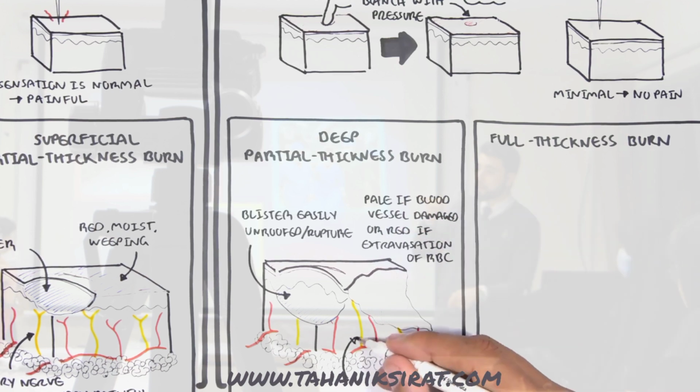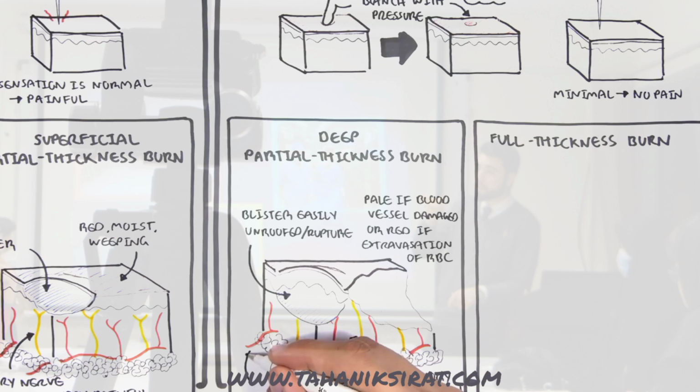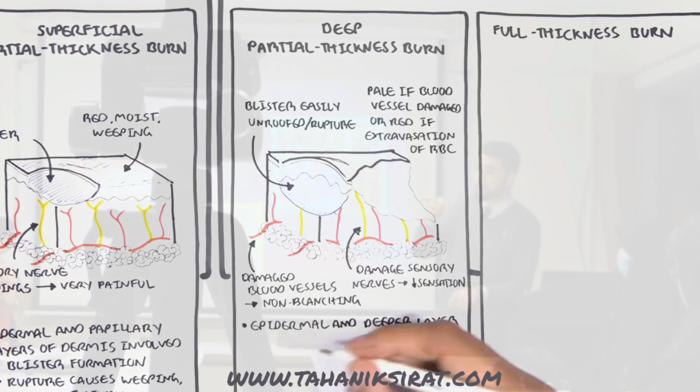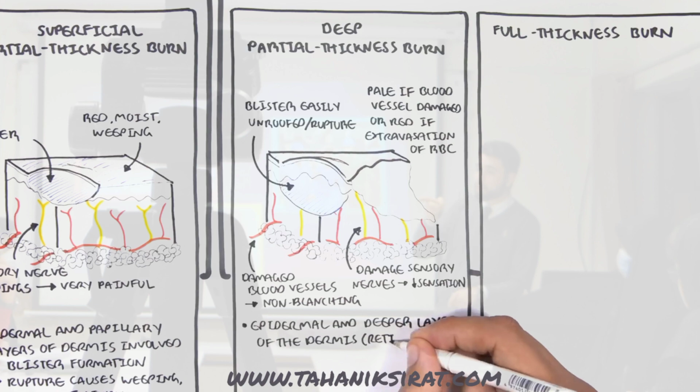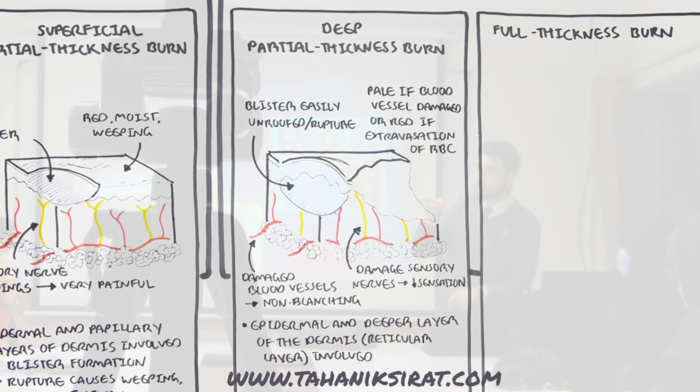In partial deep thickness burns, you can get damaged blood vessels, which means when you press the skin surface, it will be non-blanching. And also, partial deep burns may damage sensory nerve fibers, causing a decrease in sensation. In partial deep burns, the skin layers involved are the epidermis and all the dermis layer.